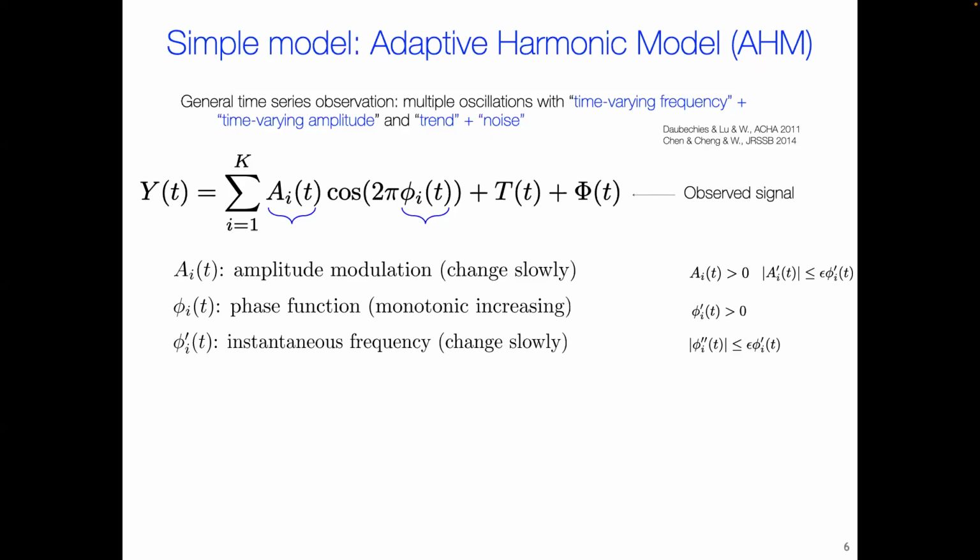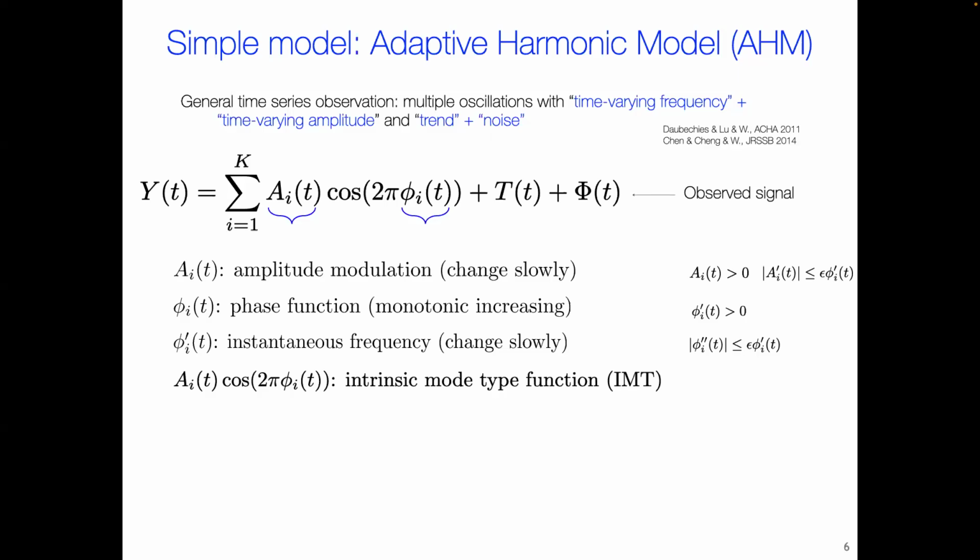If you think about this model, A_i(t) cosine 2π φ_i(t), we call this an intrinsic mode type function. Now, suppose A_i(t) is a positive constant and φ_i(t) is a linear function, for example 2π φ_i prime of t.